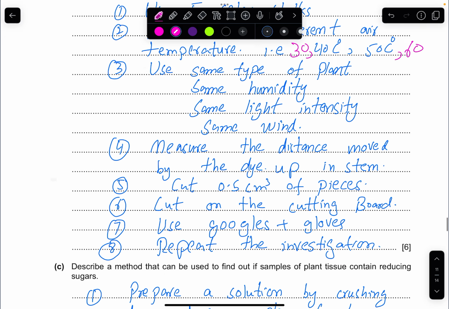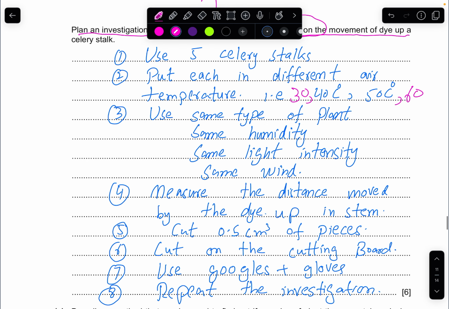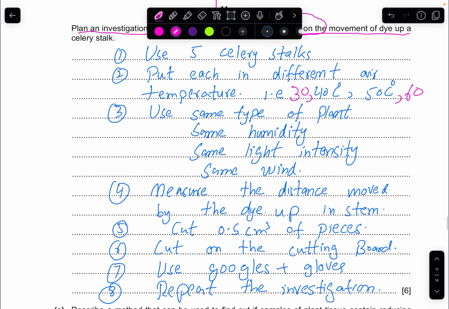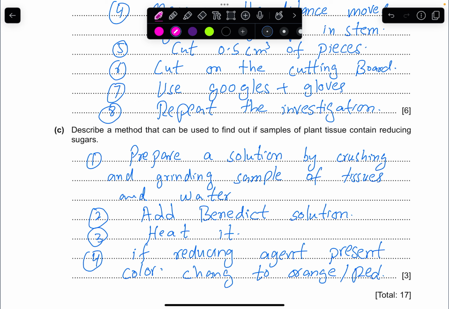So do not cut yourself, use goggles and gloves, and repeat the investigation. All these steps are very easy, you don't need to remember, just go step by step.